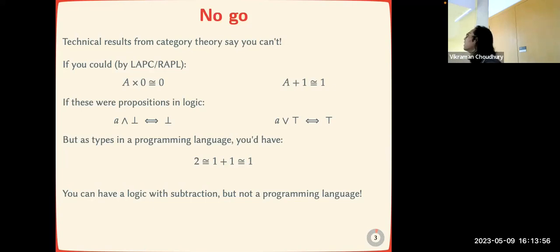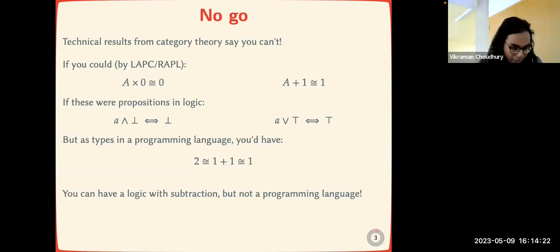When you have types, if you had a Boolean type, by this isomorphism it would be 1 plus 1, but 1 plus 1 is the same as 1. So you can never have types with more than 1 point. There's a whole collapse that happens. It can be made more precise, but this is more or less the informal idea of what goes on. So you can have logics with subtraction, but you cannot have a programming language.